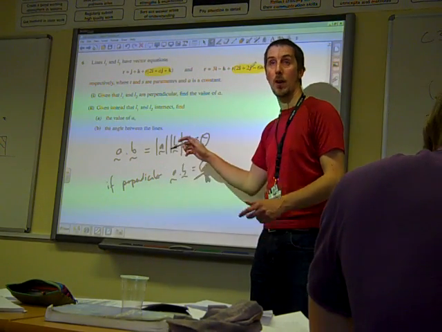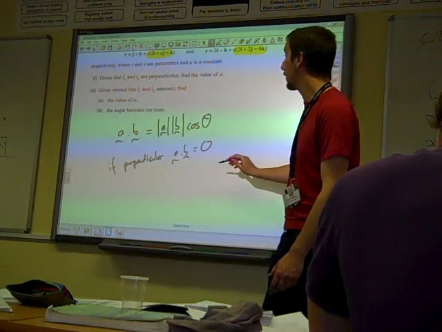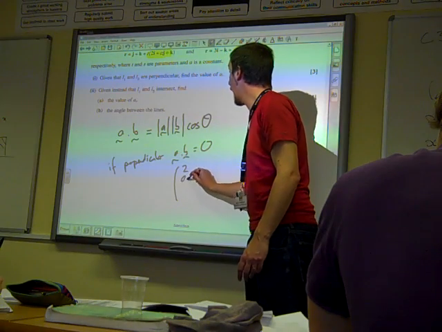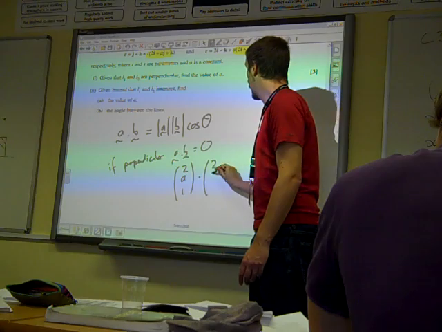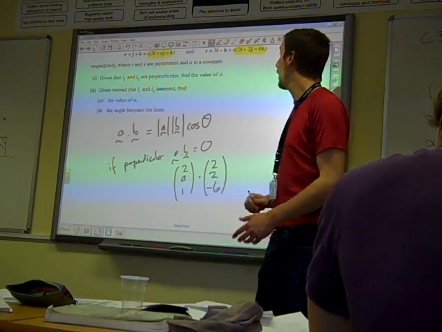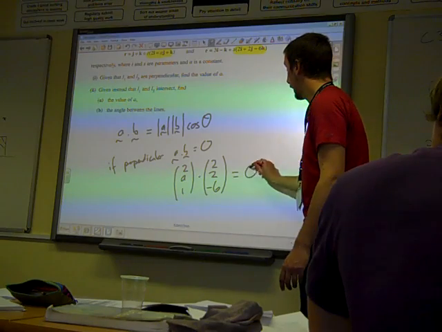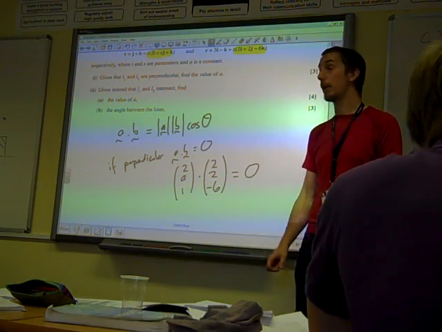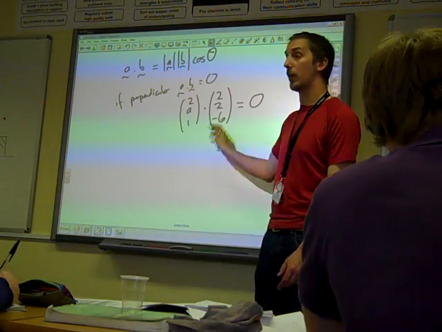So what it boils down to is this: if we find the dot product of (2, a, 1) and (2, 2, -6), because they're perpendicular, that must be equal to 0. Once we've recognised that that's all the question is telling us, we just have to work out this dot product.